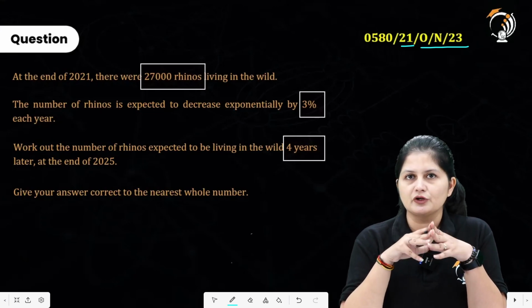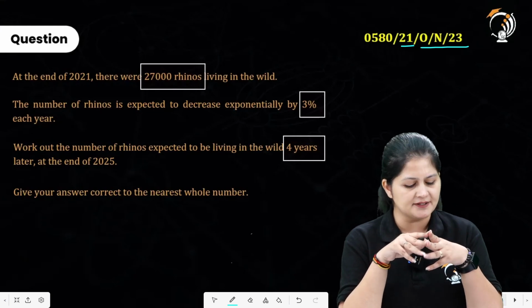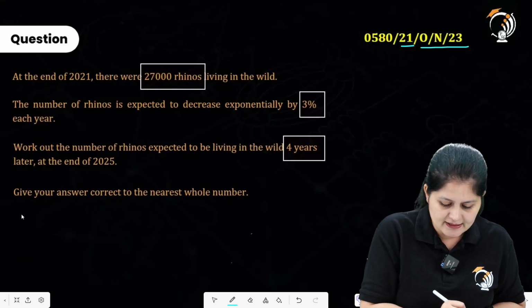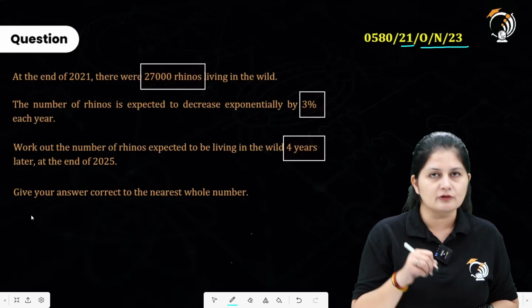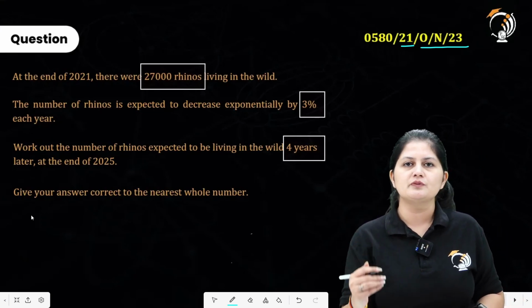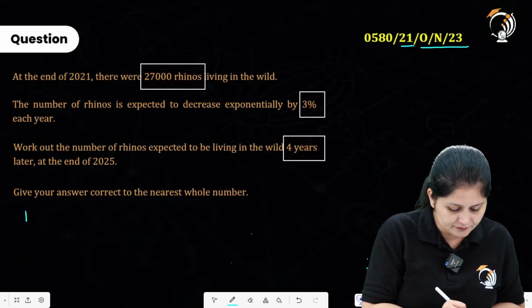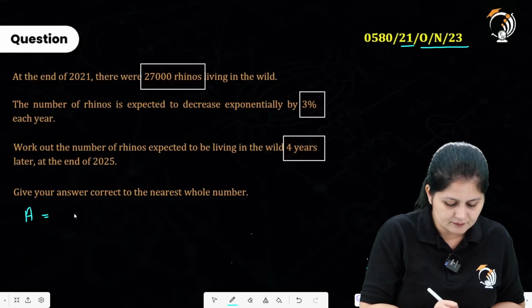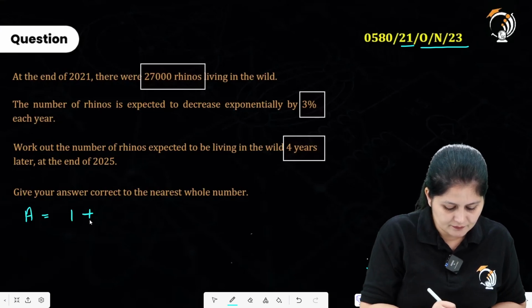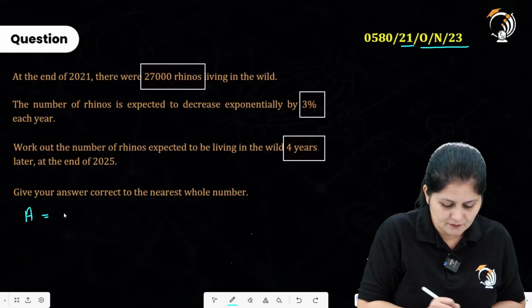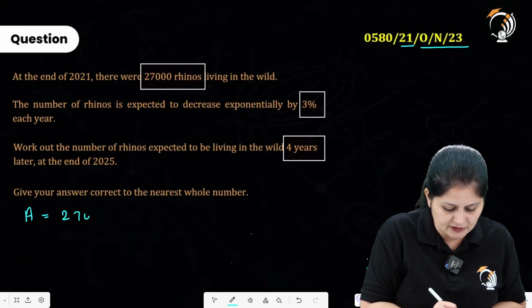So clearly we are going to use the formula for compound interest here. We need to find out the final number, what is going to be the number after 4 years. The initial number is 27,000.